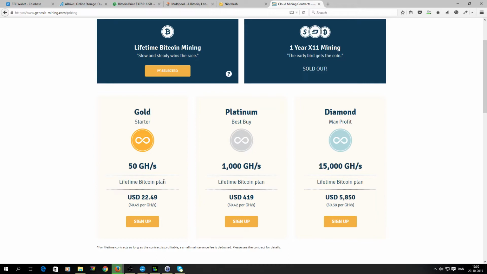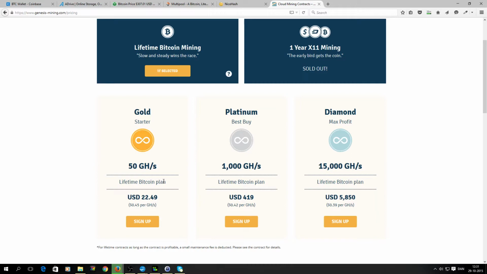So in time also, the price of mining 1 gigahash would go down, and in this way at some point your contract paying $0.0012 for each gigahash in service fee each day would not be profitable anymore.